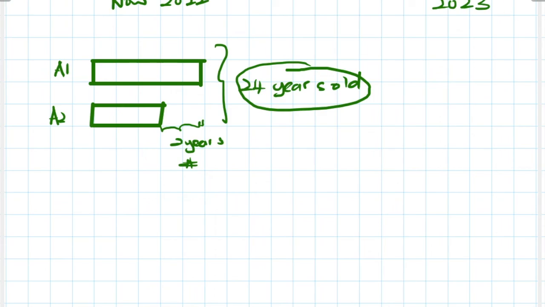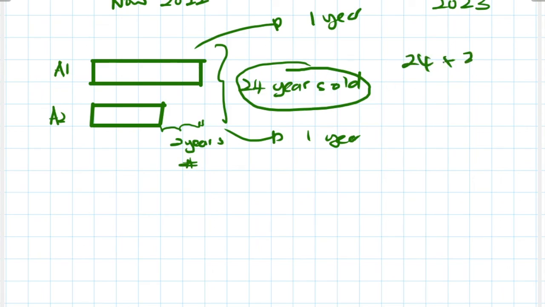You cannot add one year because you think that from 2022 to 2023 is only 1 year. Yes, one person ages 1 year. You also age another 1 year. So you must add 2. That means it's 24 add 2. Likewise, if there's another younger sister, another person, you must add another year in.